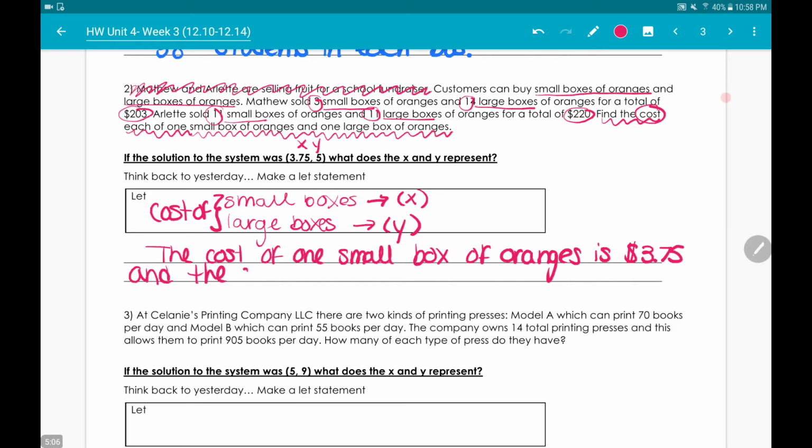And the cost of one large box is $5. Okay, again, we answered the question that was being asked. And we used our let statement to label each part of the solution. All right, why don't you pause the video and try number 3?